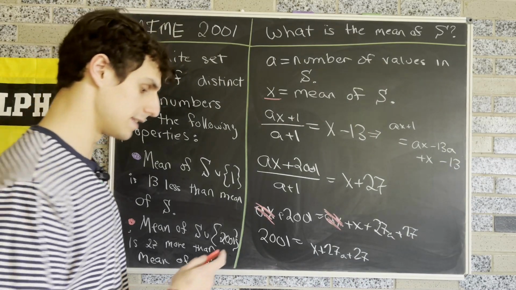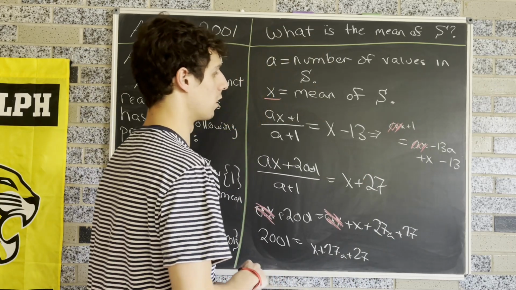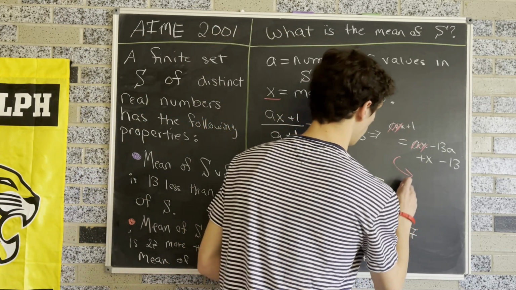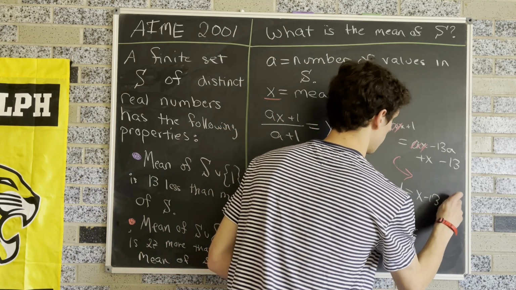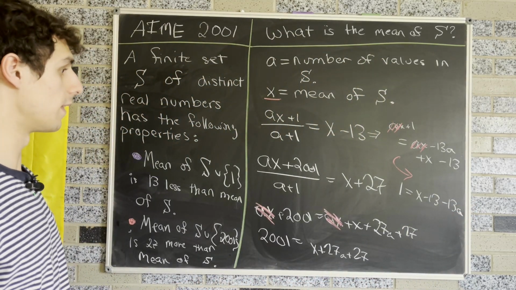And again, these AX's cancel just like before, and we are left with 1 is equal to X minus 13 minus 13A. Okay, that's not too bad there.